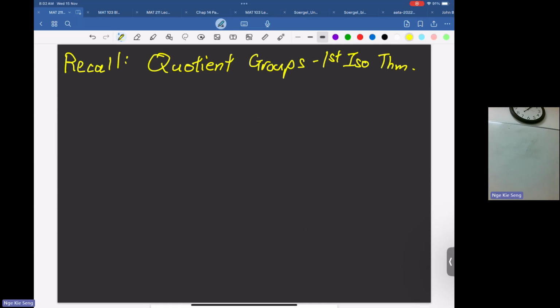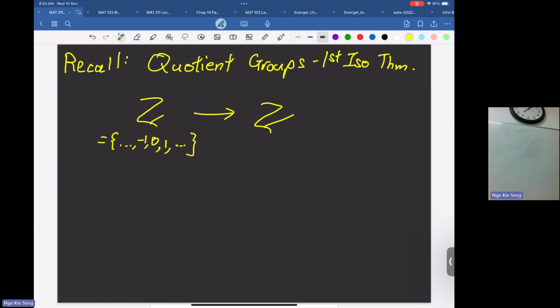Let's take a typical example, Z to Z. How does Z look like? Z has infinitely many elements. What kind of map do we want to consider here?